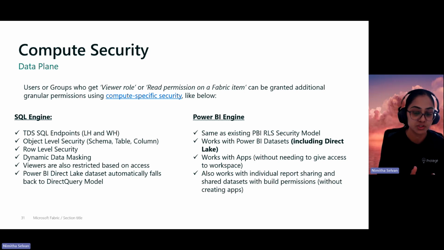When I say compute engine, this is your SQL engine or the Power BI engine. The compute-specific security is always enforced when you access the data with that engine. This model then enables more granular data access control, such as row level security, object level security, dynamic data masking, etc.